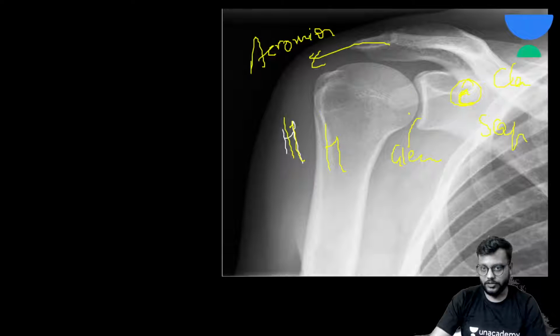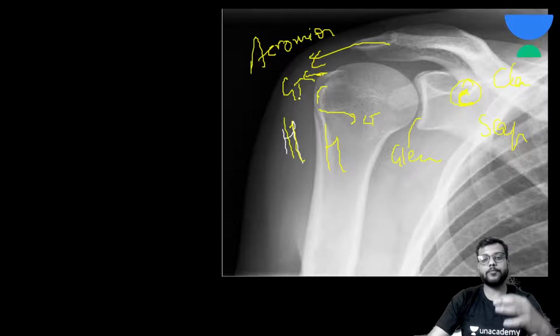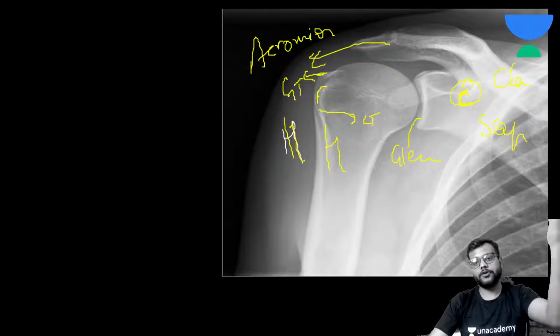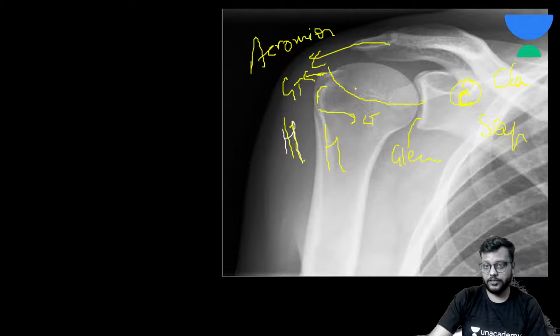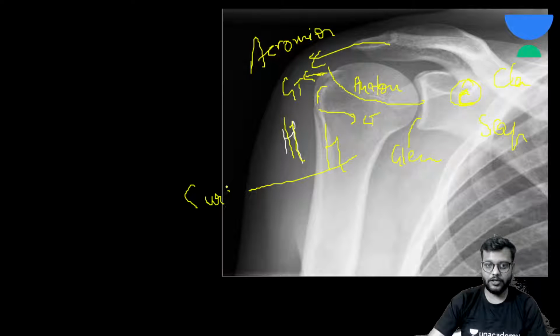Okay, this is the head of the humerus. Here this is GT, and this is LT. More higher and more anterolateral will be GT. Okay, and here this is the anatomical neck. Okay, and this is the surgical neck.